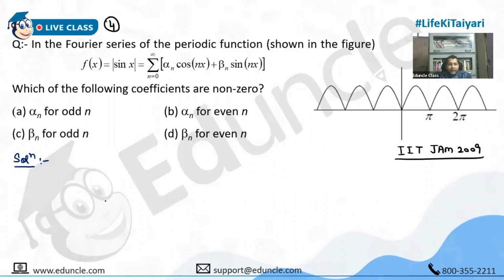See how it should be done. First of all, sin x, cosine x, they are well-defined functions. Means their period is fixed, na? Period of sin x, cos x is 2 pi. Yes, sir.